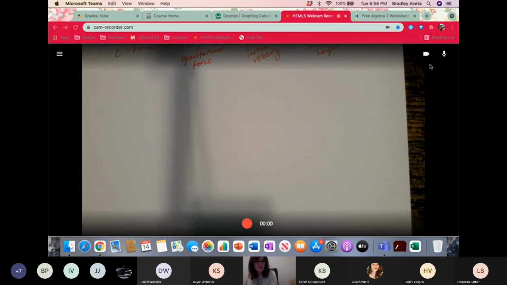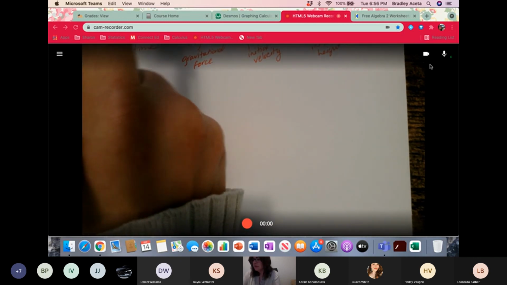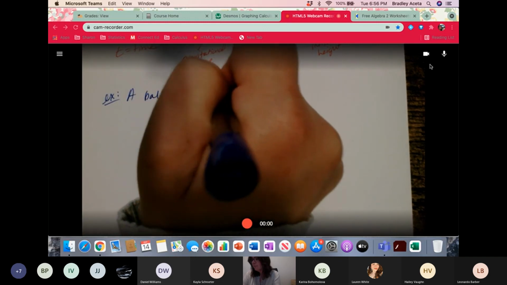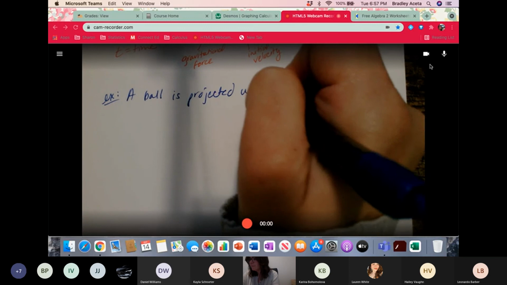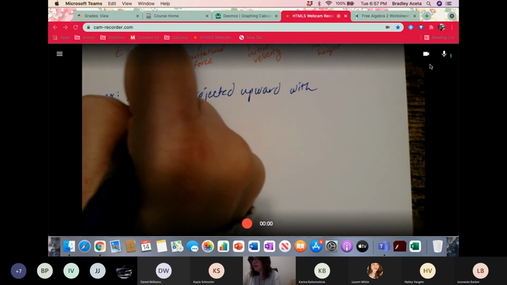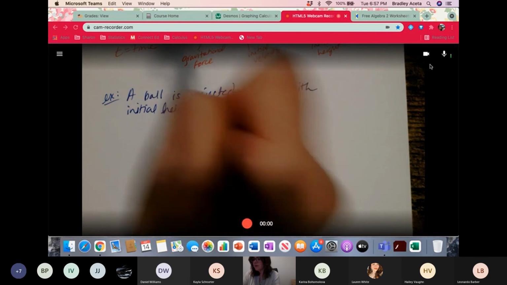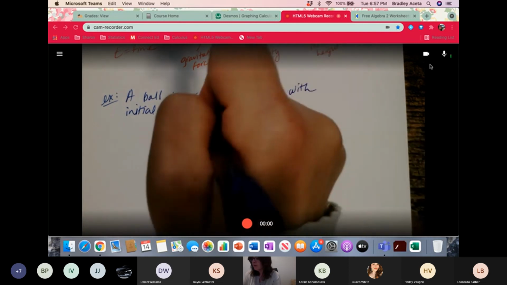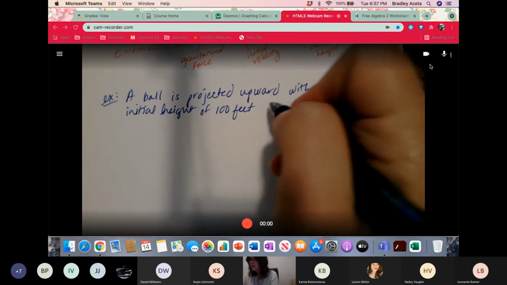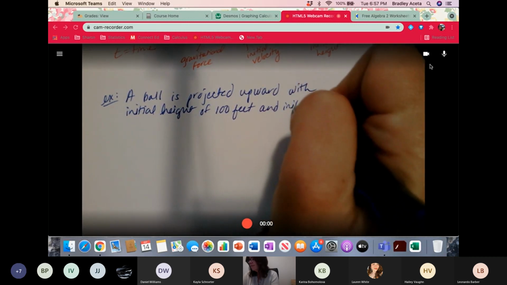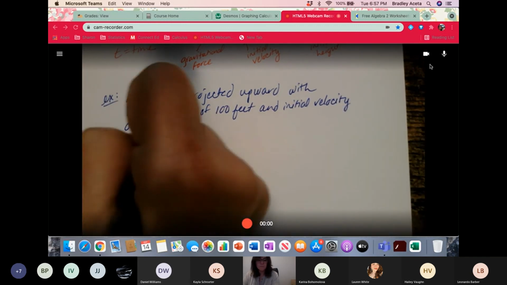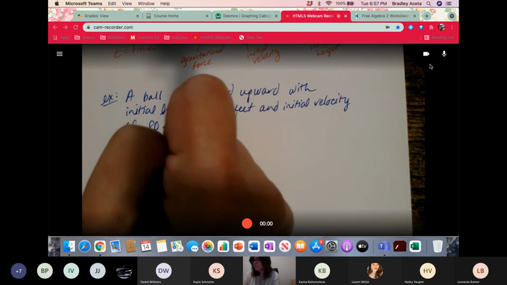So let's do this. A ball is projected upward with an initial height. See, there's that word, so we know where this is going to plug in. Initial height of 100 feet and an initial velocity of 80 feet per second.